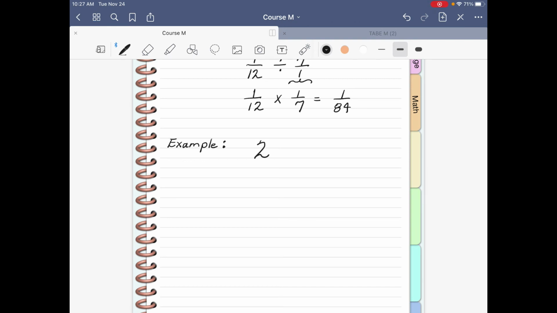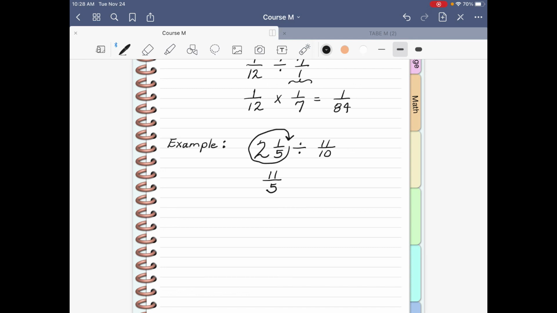Here's another example. Let's do 2 1/5, I'm sorry, jumping the gun, divided by 11/10. Make mixed numbers mad. 5 times 2 is 10, plus 1 is 11. Put a 1 under whole numbers.